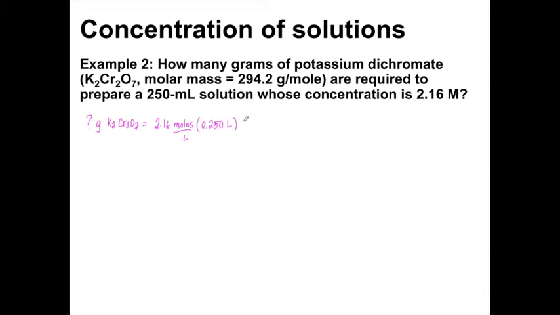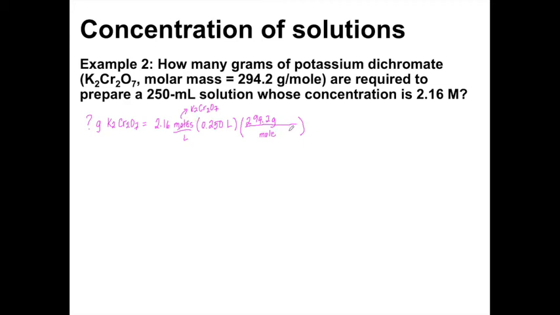This one pertains to the moles of potassium dichromate, right? If I want to get the mass of potassium dichromate, I'm going to use the molar mass, 294.2 grams per mole of potassium dichromate.